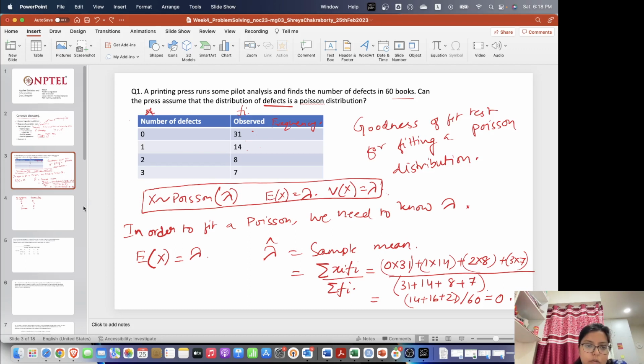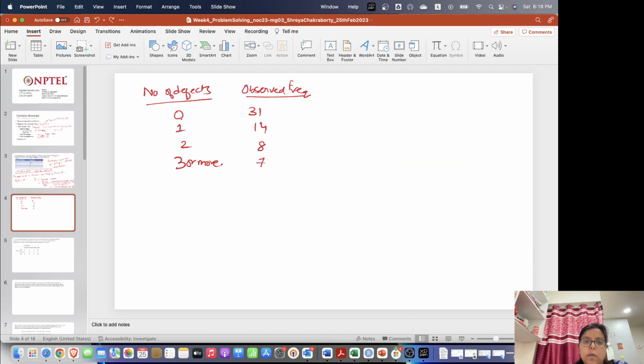Then we'll fit the probability of x equal to x, where x follows Poisson 0.85.